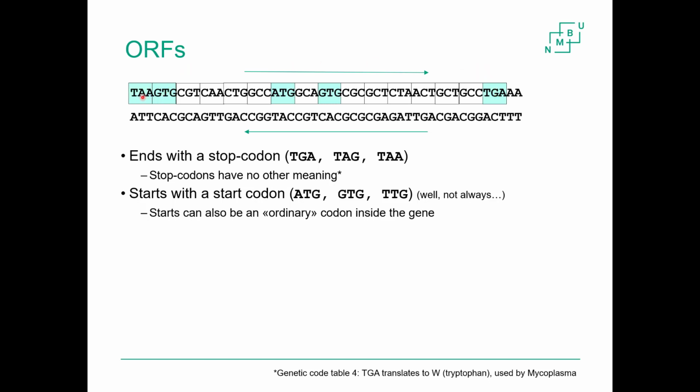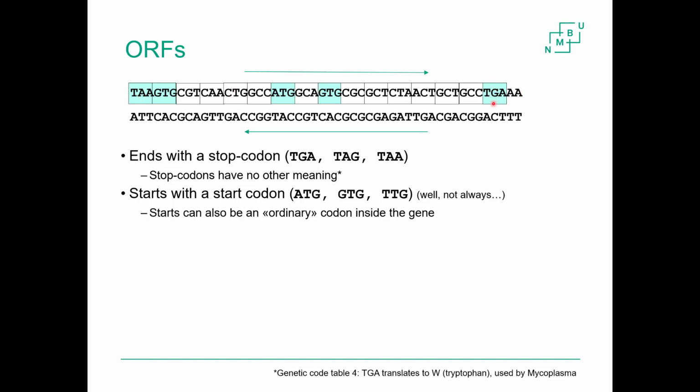And then we find the next stop codon in the same reading frame. Do you see that? This is a stop, TAA. And now we don't need to go further upstream, because as long as we are in this reading frame, the ORF that ends here cannot start further upstream than here, because then it would end here instead, since this is a stop.